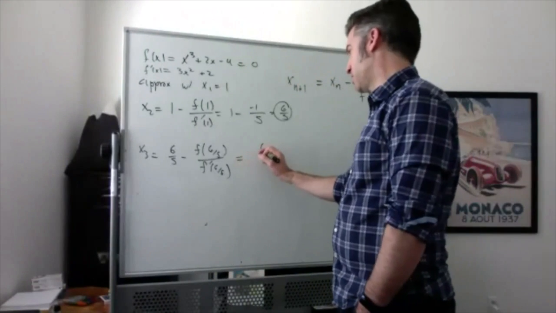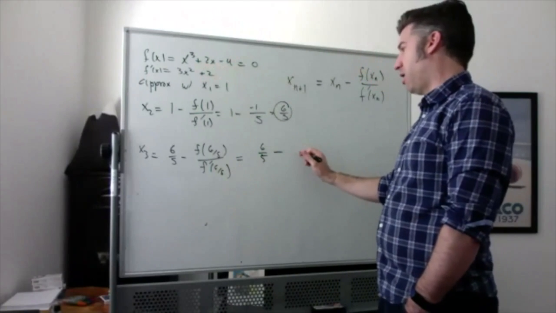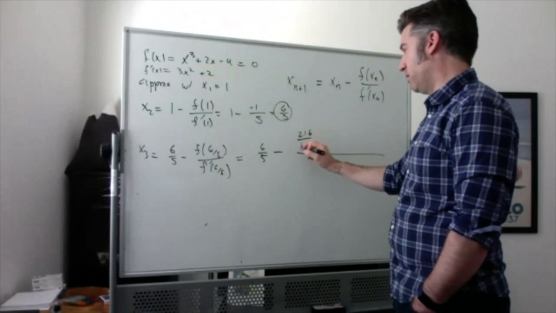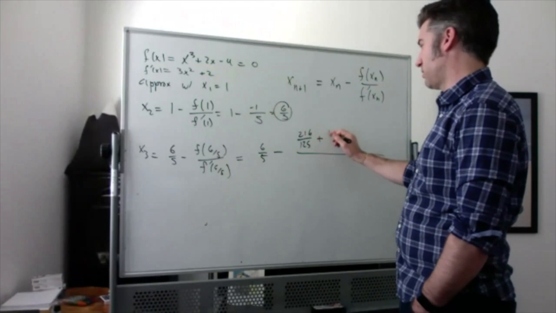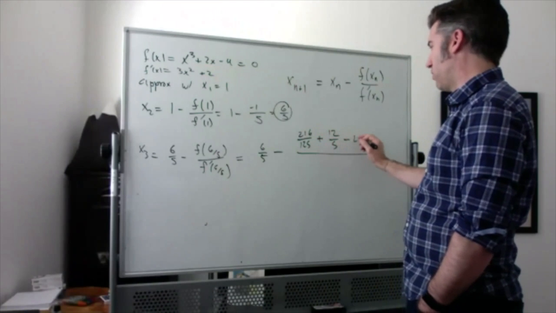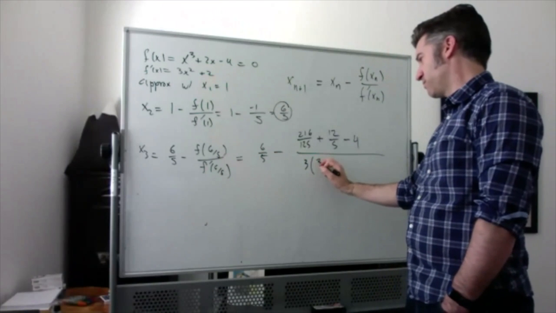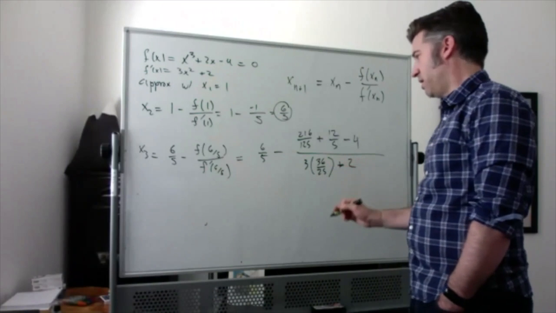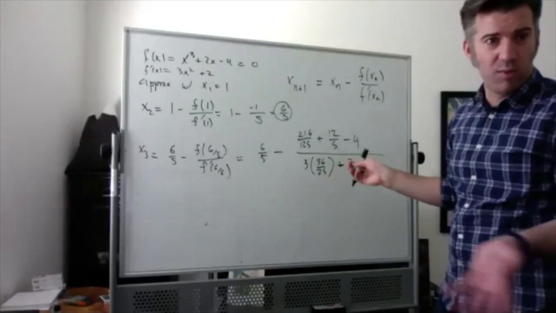But we get 6/5 minus, that's 216 over 125 plus 2 times 6/5 minus 4, all over 3 times 6/5 squared plus 2. And I'm not going to simplify that. You could simplify that on your own, but the point is not doing that.